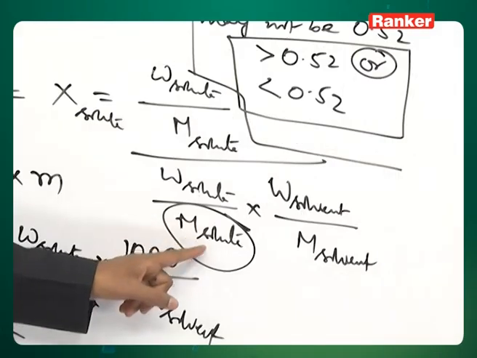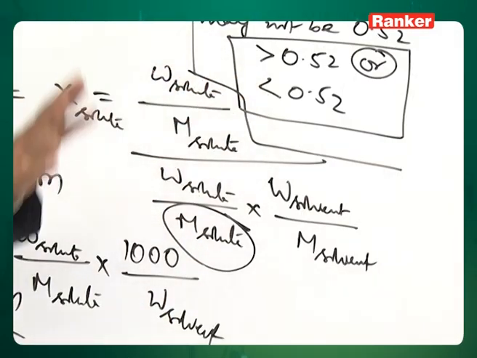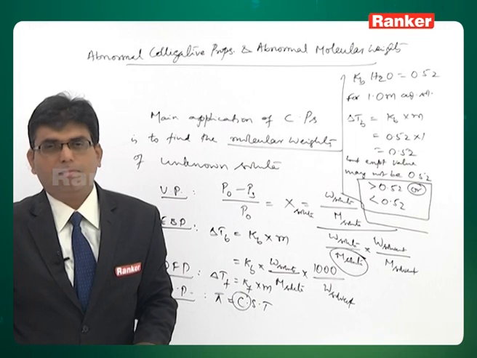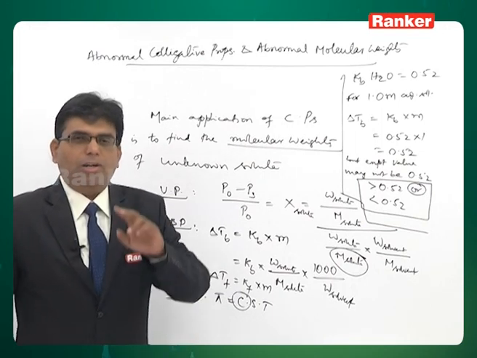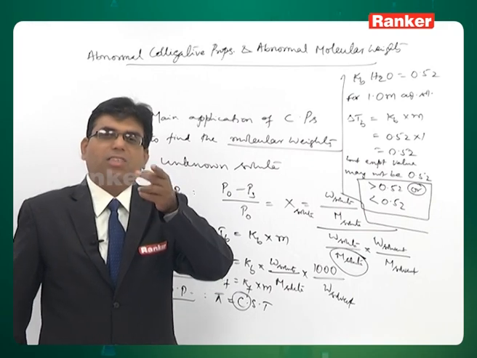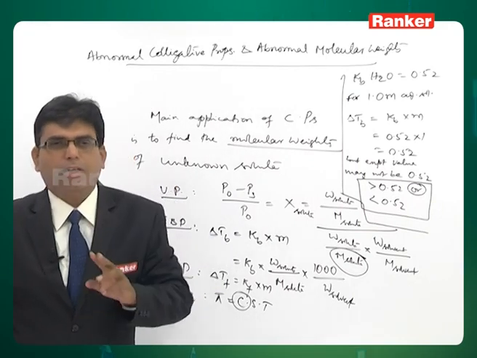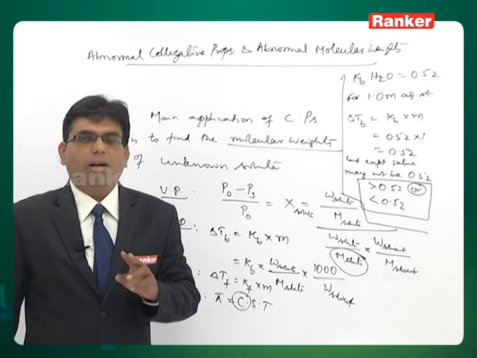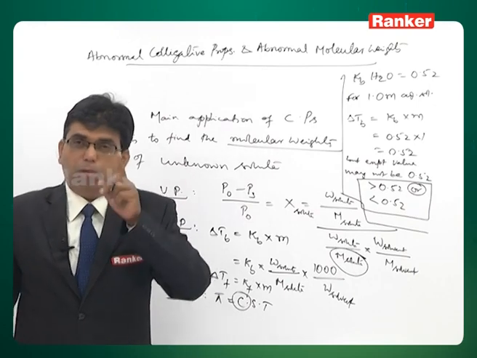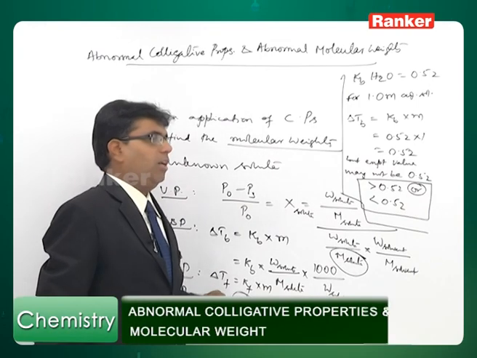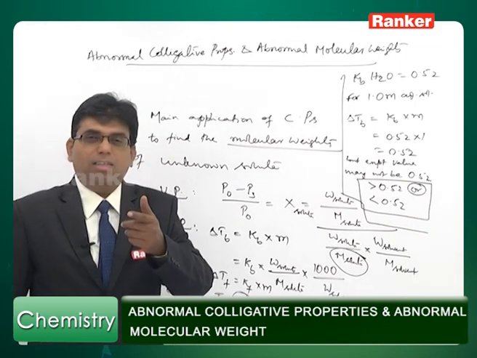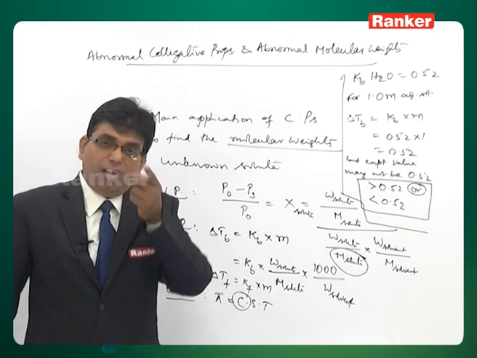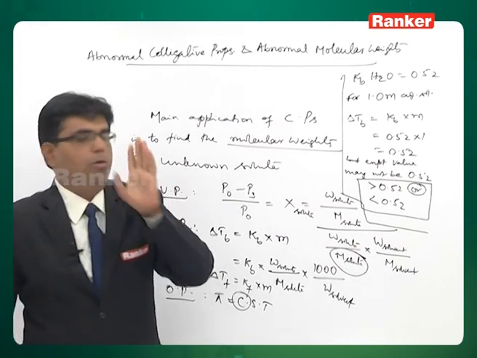So, when the molecular weight is different, obviously the colligative property also will become different. Finally, the conclusion is that the observed colligative property is different from the theoretically calculated colligative property, and the observed molecular weight is different from the theoretically calculated molecular weight. If one of them changes, the other also changes.